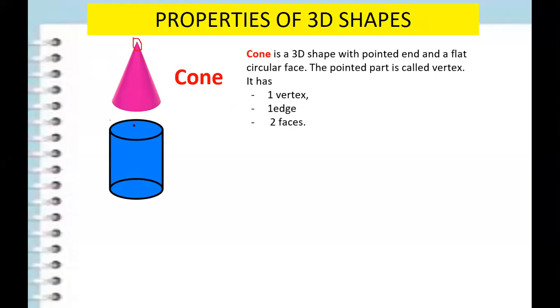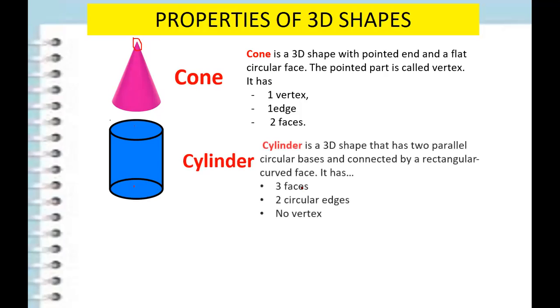We have 1, 2, and the curved face 3. Do we have a pointed vertex like this? No, so it's 0. We have 2 curved edges. So cylinder: 3 faces, 2 circular edges, which we can also call curved edges, and no vertex.